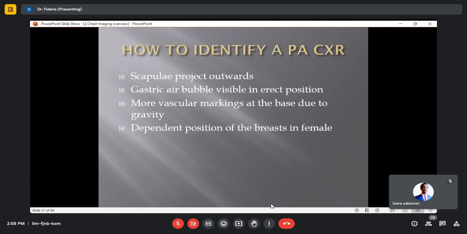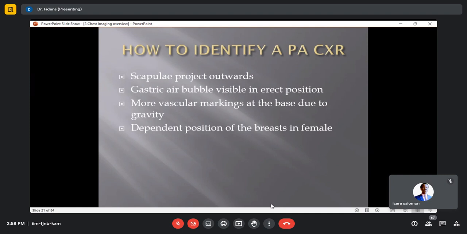Okay. And another sign is the dependent position of the breast. Now it comes down, but in the AP it can change, in the lateral view it can change, in the decubitus the positioning can change.